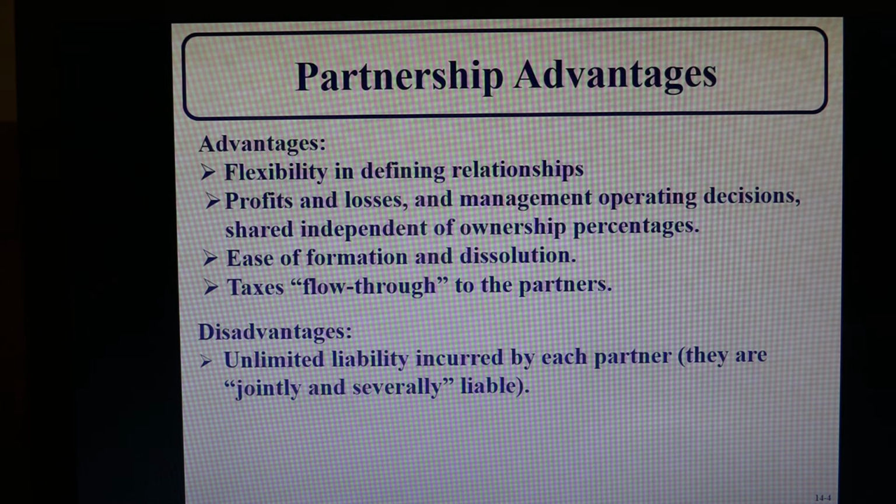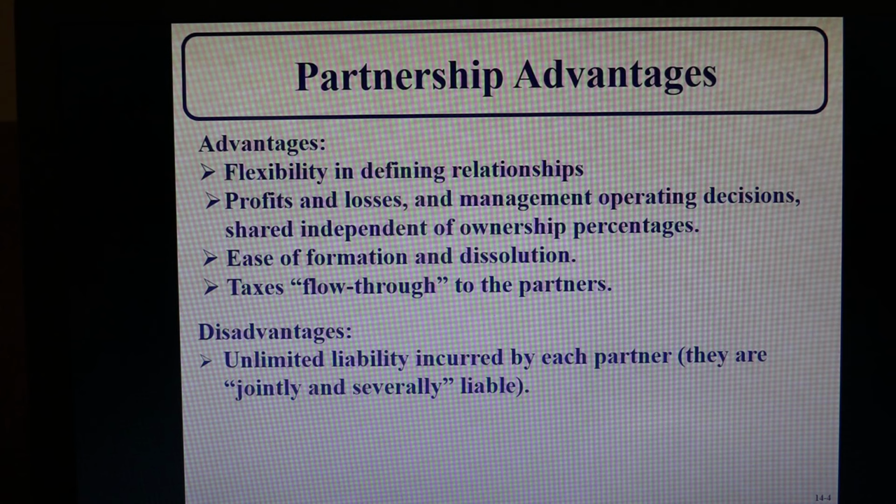Just like you've probably seen with sole proprietorship, the same idea is applicable here with partnerships. And so, because of the unlimited liability, each partner's personal assets could be at risk.